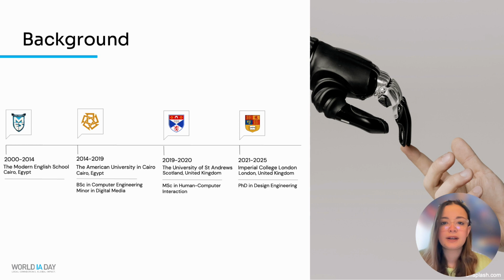All right, so to get things started, a bit about my background. I grew up here in Cairo, in Egypt, and then I started off with doing computer engineering, so on the tech coding side of things. And then for my master's and now PhD, which I'm doing in the UK, I switched to a field known as human-computer interaction.